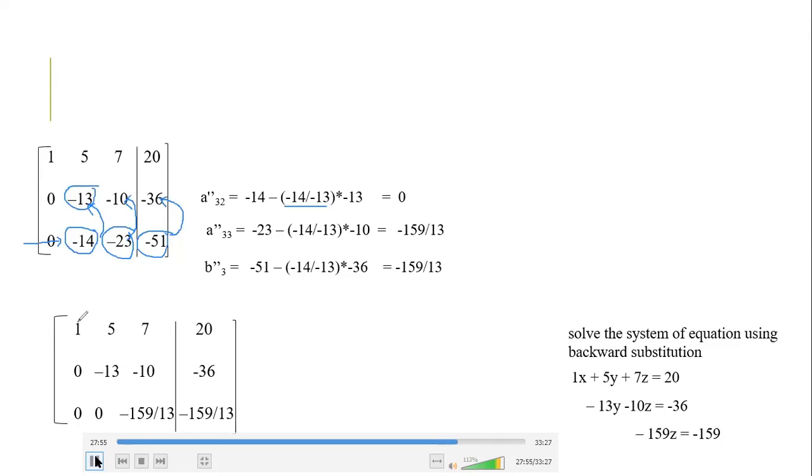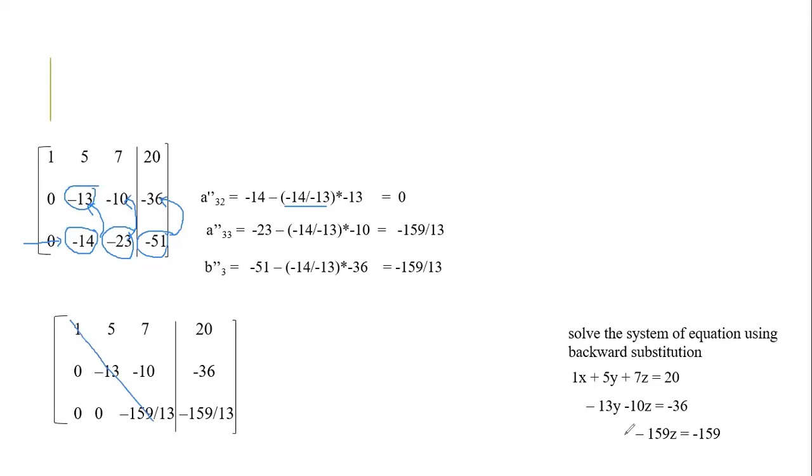Let me draw that again. Okay. So once we've obtained the upper triangular matrix, we can then rewrite the equations in equation form and use backward substitution to solve for it. We've eliminated x in the second equation and eliminated x and y in the third equation, which means we can easily find z from this equation to be what? z equals 1.